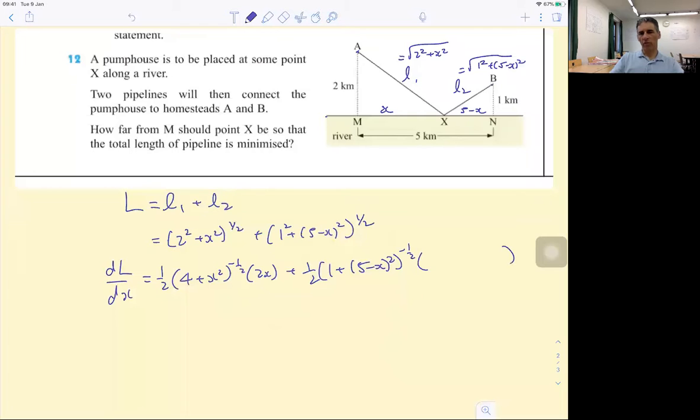Now, when we differentiate the inside of that square root, we've got the derivative of a 1, which is 0, and then the derivative of this expression, which is another chain rule. I'll write that 0 in so you can see where it's coming from. So the derivative is 2 times (5 minus X) to the 1 times negative 1. We want to set that equal to 0. Okay, so that's our derivative expression.